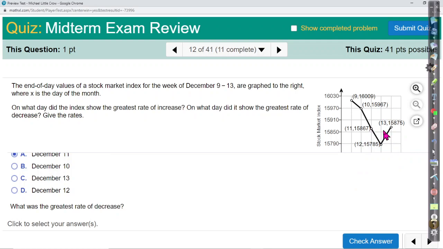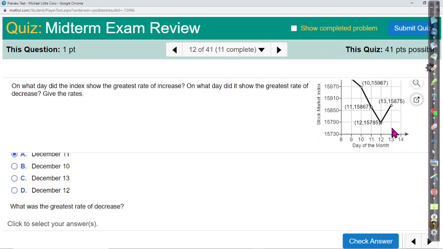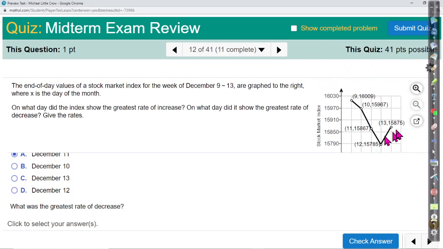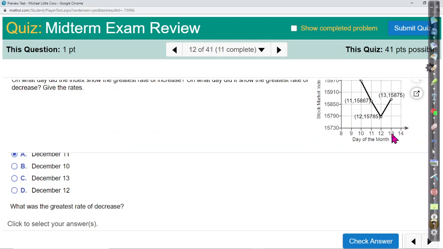Oh, I'll bet you it's one of the days. 13 is right. The 11th is right, because it's how much it changed from the day before. So the end of day 10, and then the end of day 11, that's 100. Now the increase has to be right. 13th.